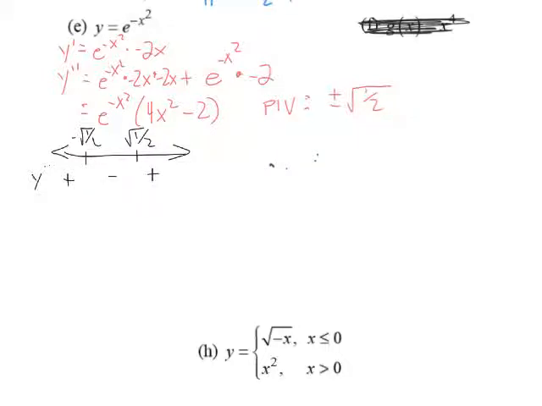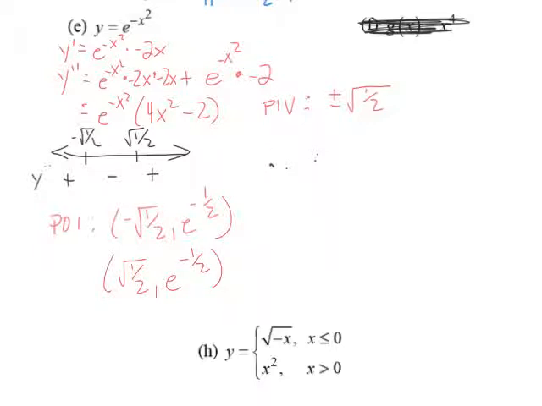So we see that what we have is points of inflection at negative root 1/2, comma, e to the negative 1/2, and also one at root 1/2, comma, e to the negative 1/2.